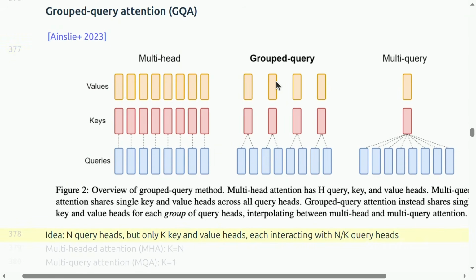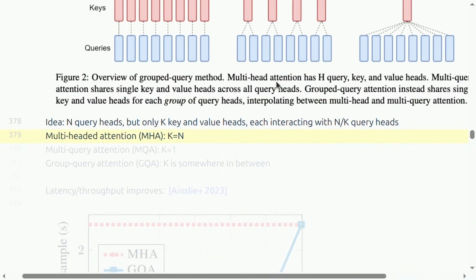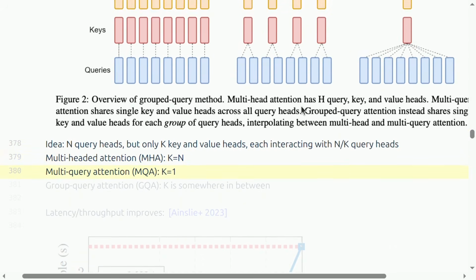Okay, so K is the number of groups here. In multi-headed attention, K is n, no reduction. There's something called multi-query attention, which no one uses because it's really bad. K equals 1. And somewhere in between is hopefully where we'll find a balance between accuracy and speed.